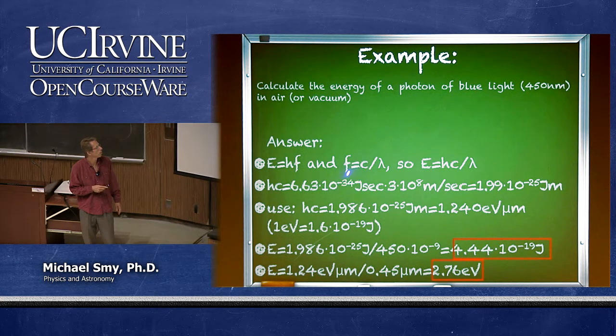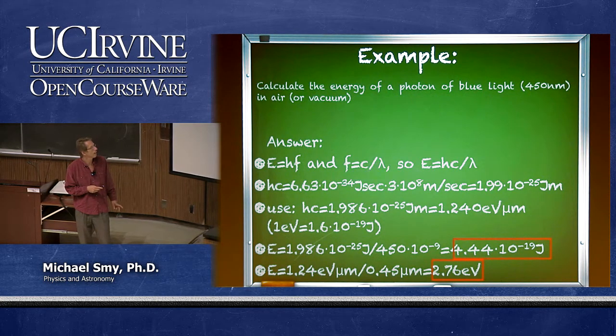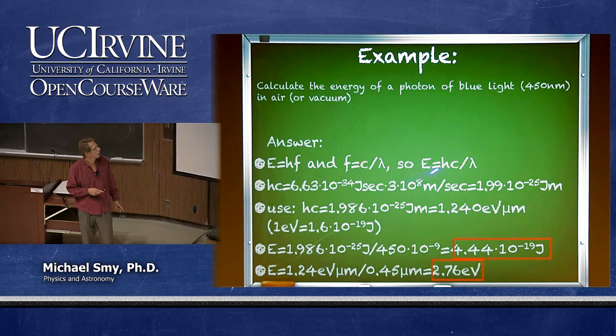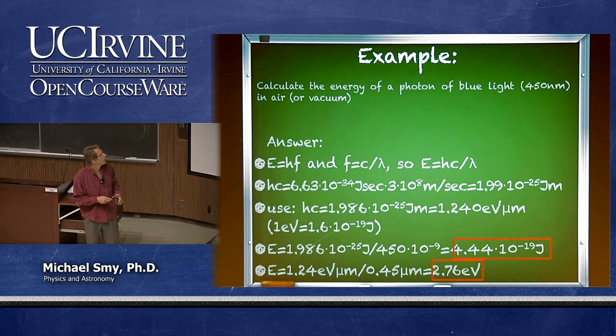But we know that the frequency is the speed of light divided by lambda, and therefore the energy is the Planck quantum times the speed of light divided by lambda. We can calculate the product of Planck quantum and speed of light, and we come up with this number. But we can also directly look up the product.